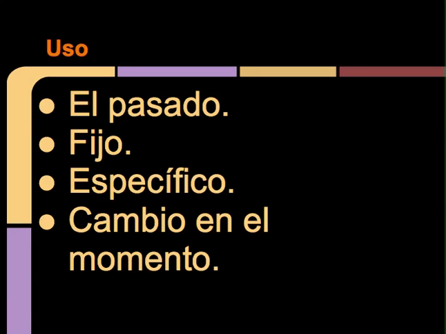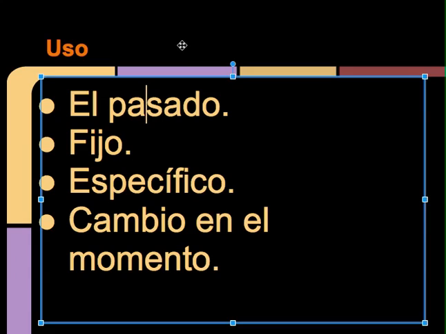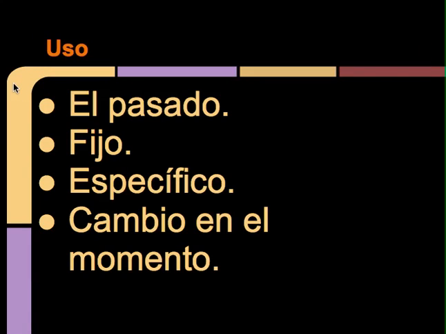Está en el pasado. It's in the past. One important thing to remember is that it recounts a specific, fixed event in the past. Things that you did, not things that you were doing, but specific things that you did. Fijo, fixed, established things that you did.